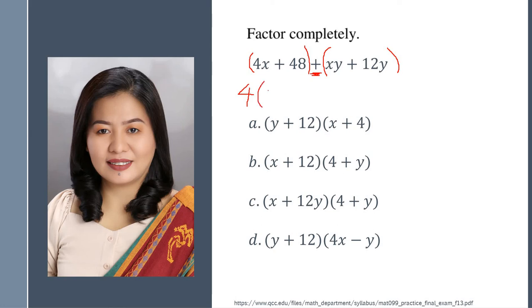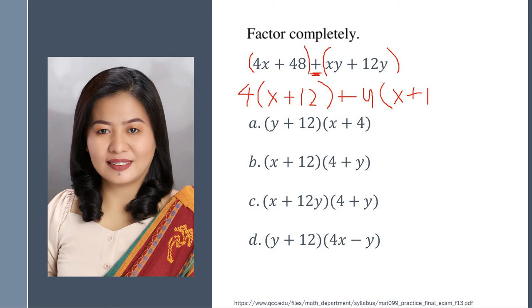4x divided by 4 is x. 48 divided by 4 is 12. Close. Don't forget the plus sign. In xy and 12y, is there something common? The answer is yes. So, xy divided by y is actually x, and 12y divided by y is 12.